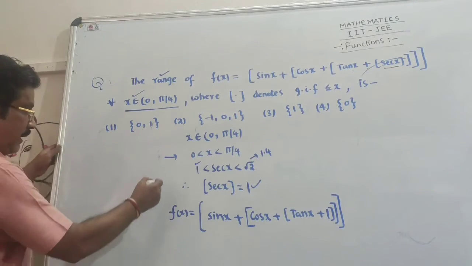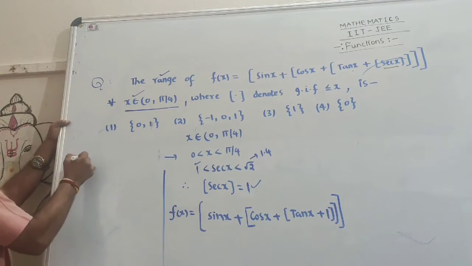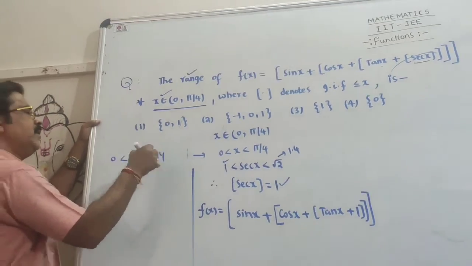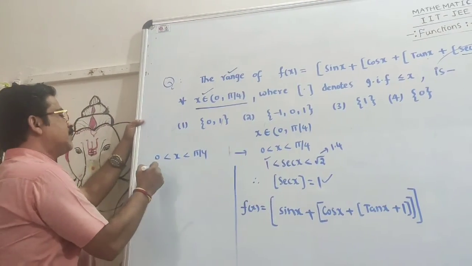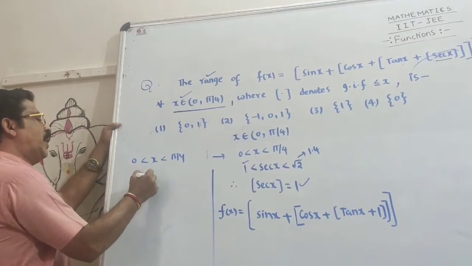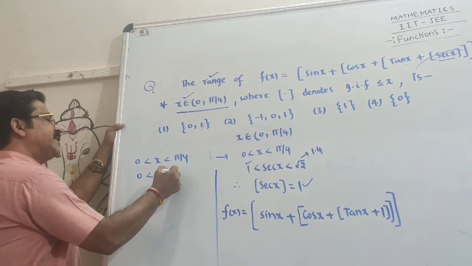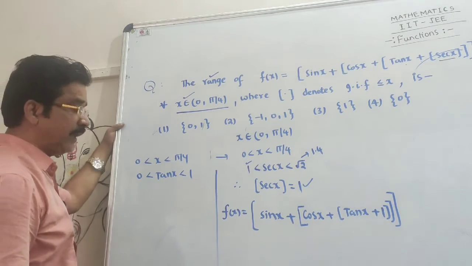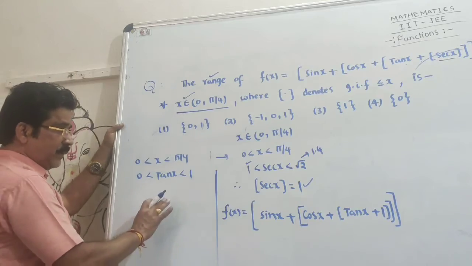Next, you come here. Here 0 less than x less than pi by 4. Apply tan on both sides. So tan 0, 0 less than tan x less than tan 45 degrees, which equals 1. Tan 45 degrees equals 1.